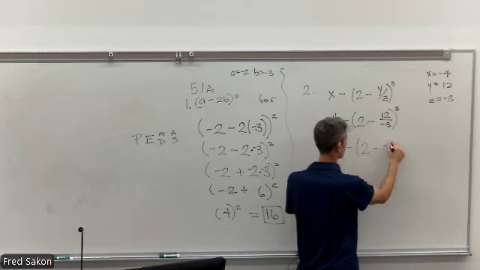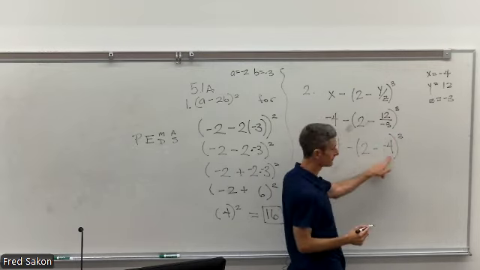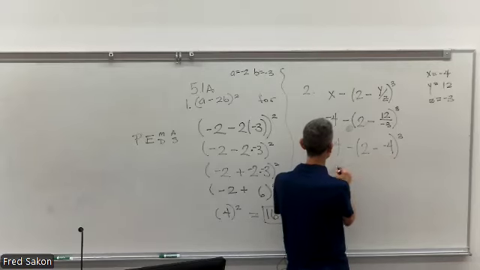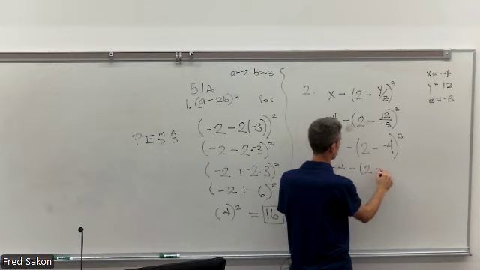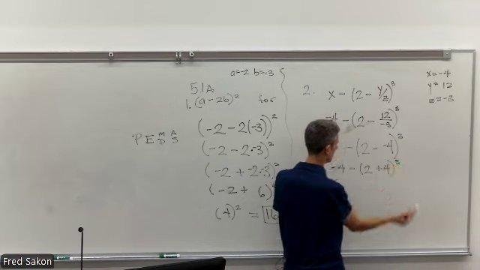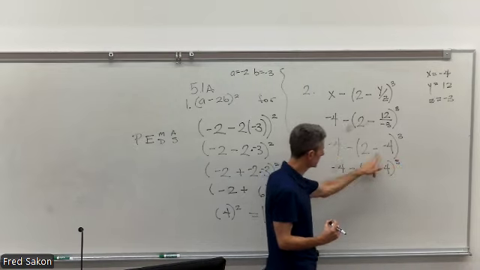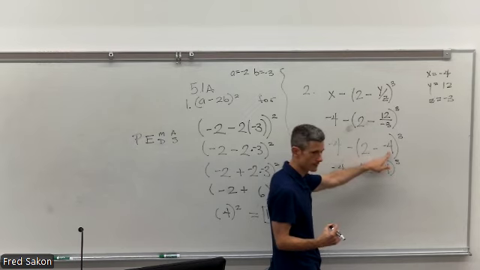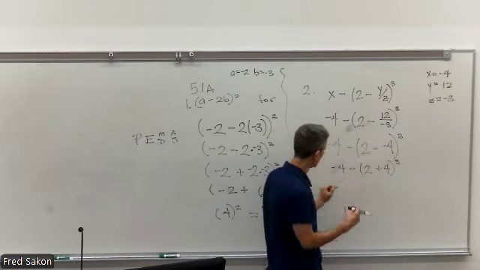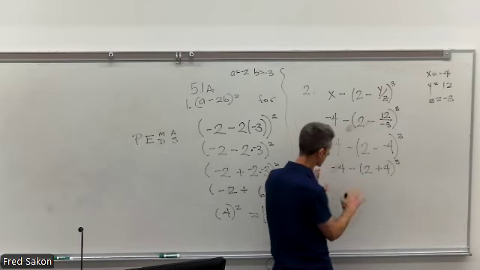Mm-hmm. So we have 2 minus -4 in here. I'm just going to rewrite that with addition. 2 plus 4. You can always change to addition and change the sign of the neighbor there. Then what can we do next?